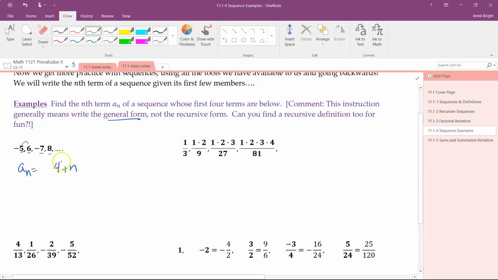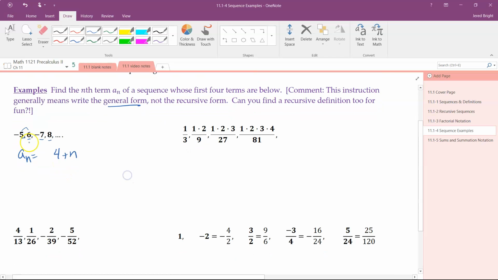Forgetting about the positives and negatives for a minute, if I do 1, I get 5. If I do 2, I get 6. 3, I get 7. 4, I get 8. What I'm doing now is checking, and that's always a good thing to do once you have an idea. But now I need to factor in that the odd numbered terms are negative.